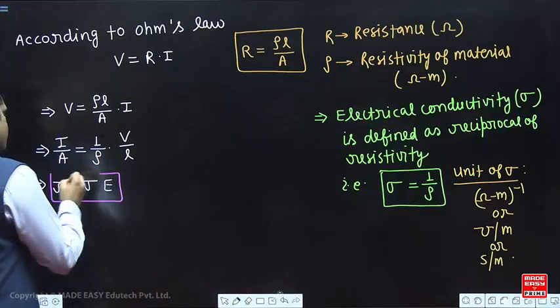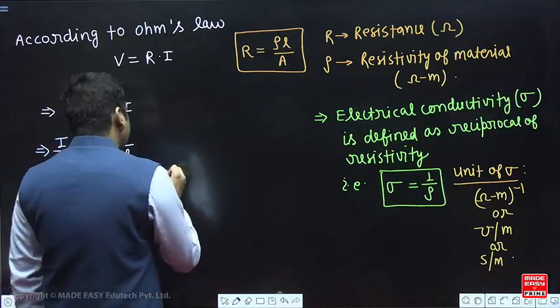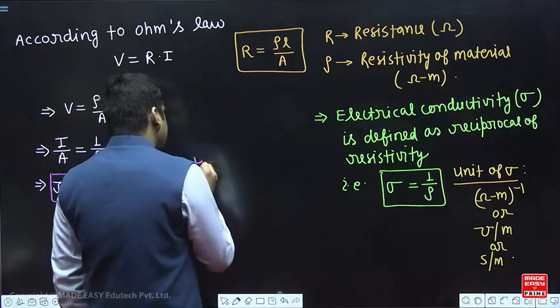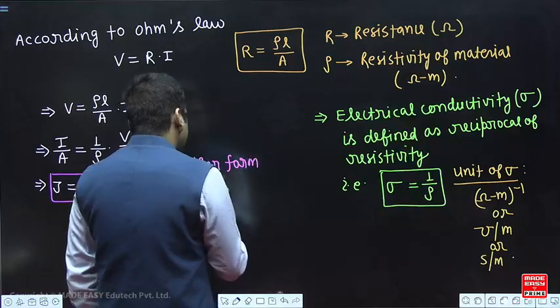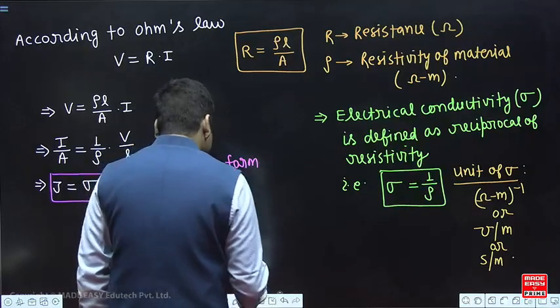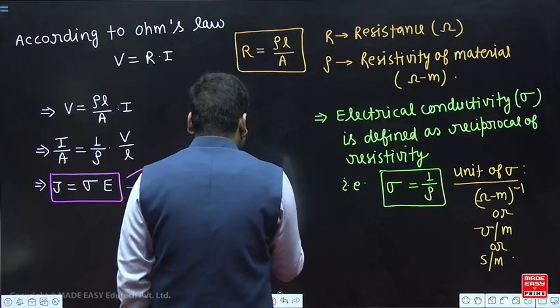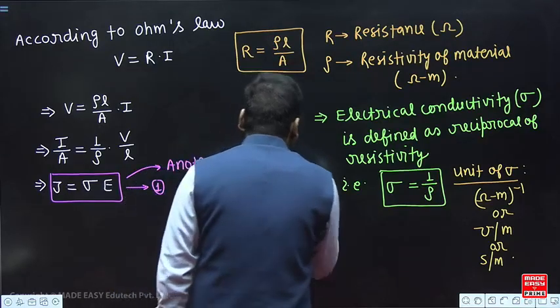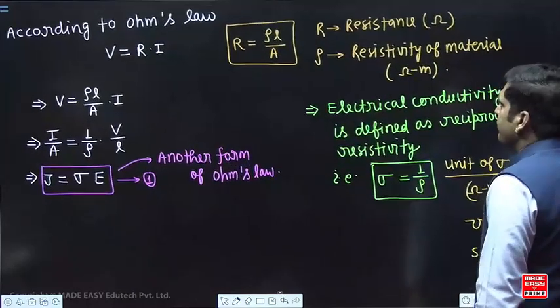So this equation, let us suppose it is equation 1, is another form of Ohm's law. Please reach up to this point. According to Ohm's law, कुछ चीजें हमने define की हैं.